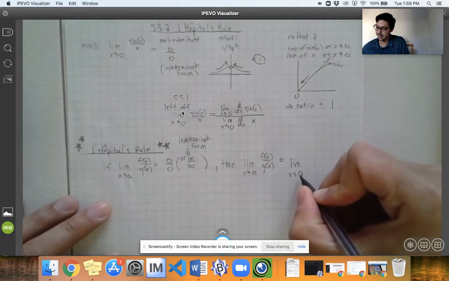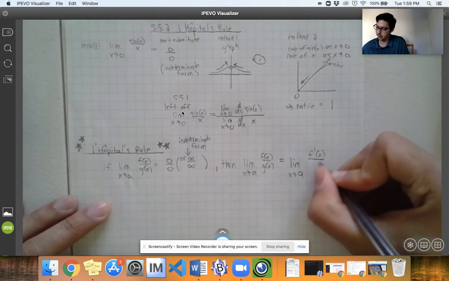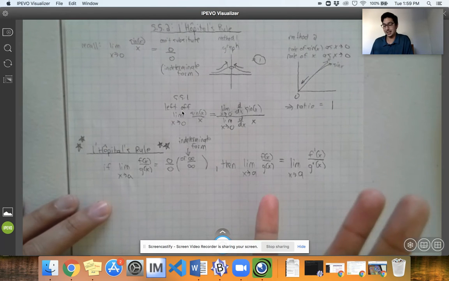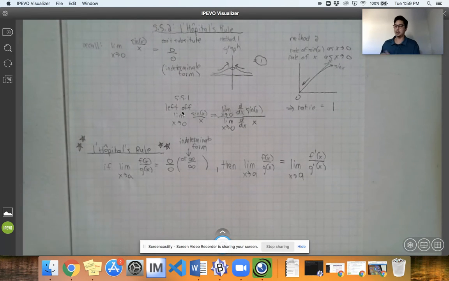The limit stays the same, but we look at the rates of these two, which is just the derivatives. So we can just look at the derivative of the top over the derivative of the bottom, and that's the same problem. That is L'Hopital's rule, and that's very powerful.